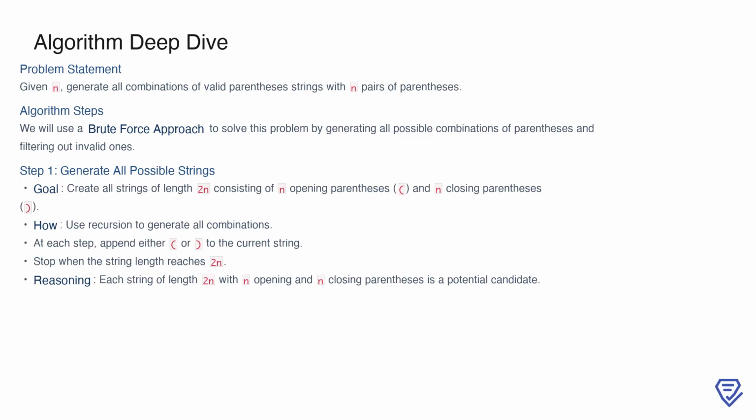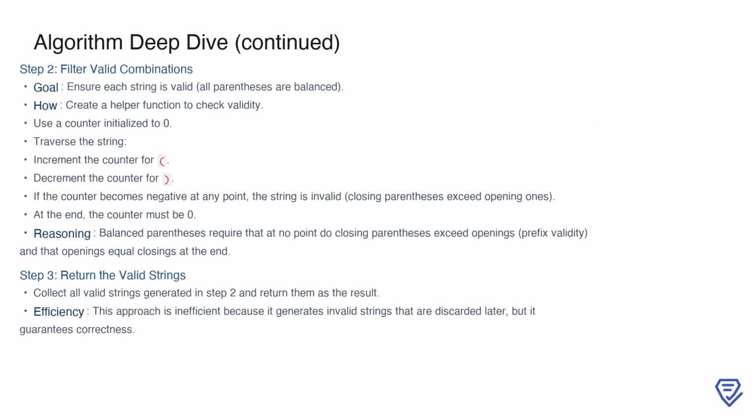Once we have generated all possible strings of length 2n with n opening and n closing parentheses, the next step is to filter out the valid combinations. A string is considered valid if its parentheses are balanced. To check this, we use a helper function that traverses each string and maintains a counter. The counter starts at 0 and is incremented for every opening parenthesis encountered, and decremented for every closing parenthesis.